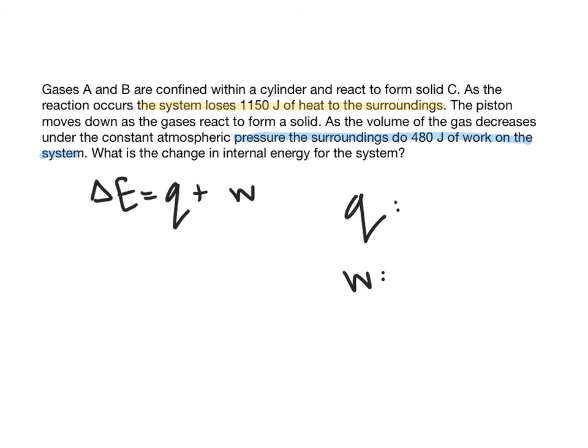So that means the Q is going to be negative, which is negative 1,150 joules. The surroundings do 480 joules of work, so that means that work is done on the system. So we have positive 480 joules.